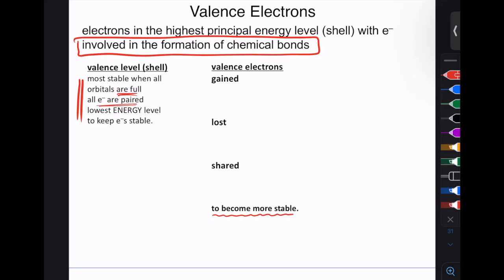So why would electrons then be gained? Well, they would be gained to fill up the current level, or shell. Again, that's a direct result of this statement, because they're most stable if that shell is full. That's going to be the most stable place.